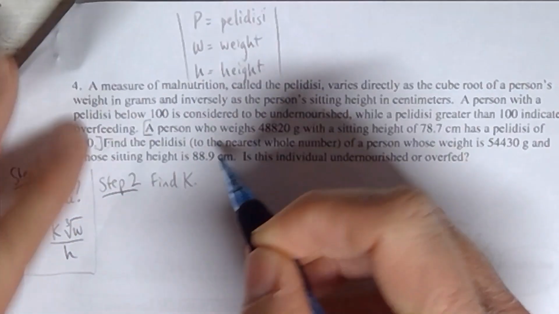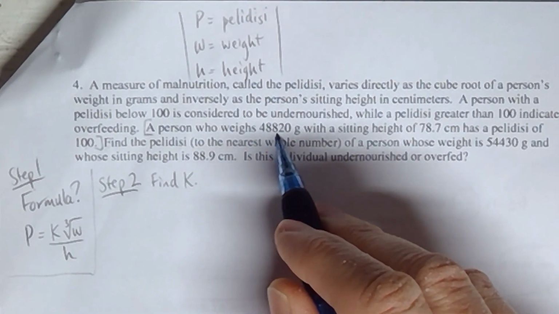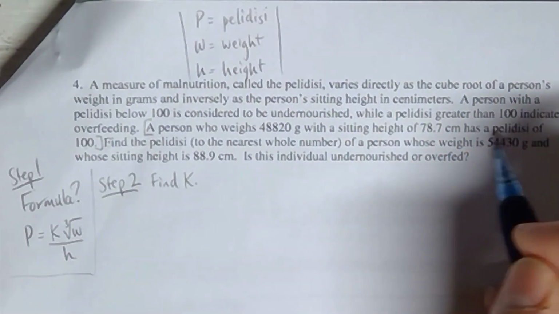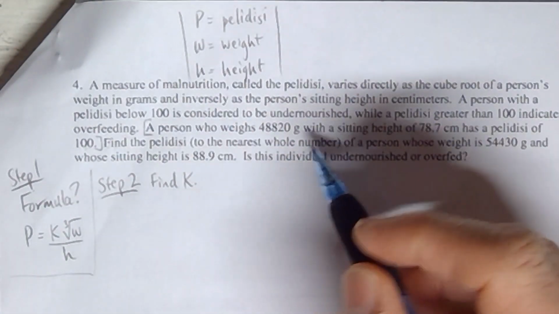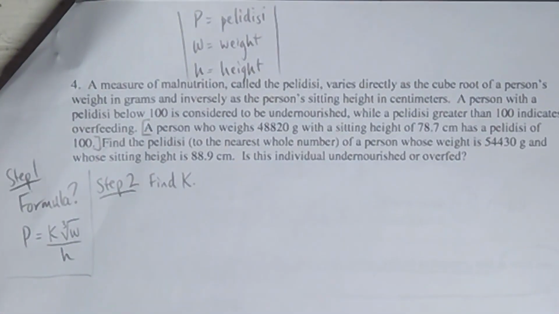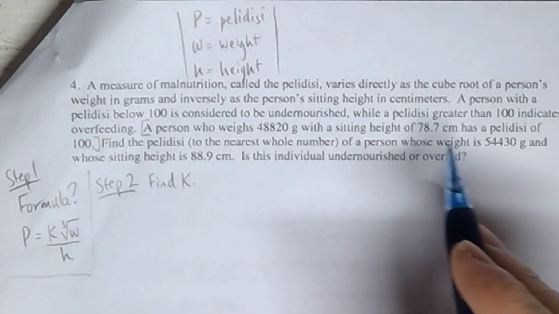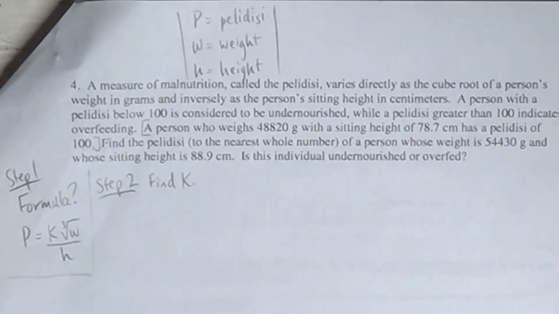See how it says right here that the weight, in other words the W, is 48,820 at the same time that the height is 78.7 and the P number is 100. So those three numbers all go together because it's the same person who has all three of these characteristics: the weight, the height, and the pelodicee number.